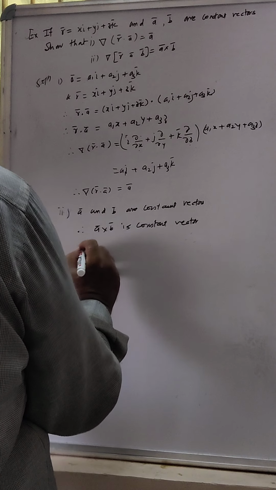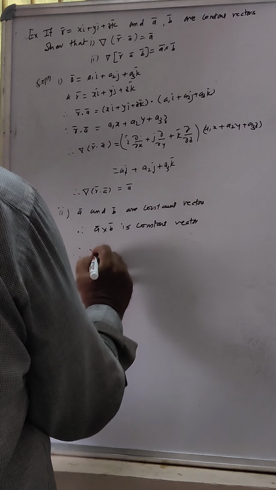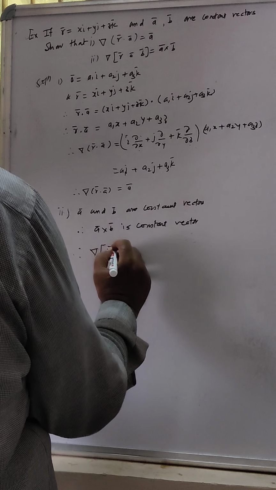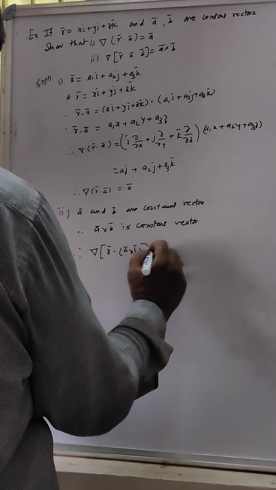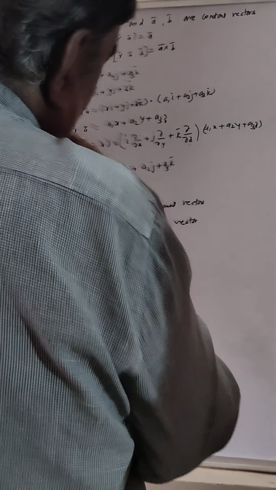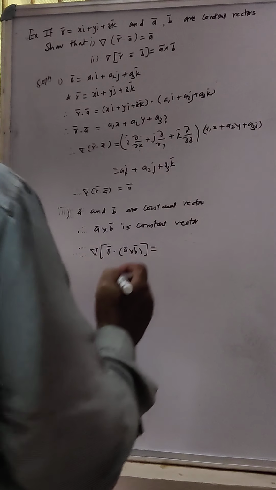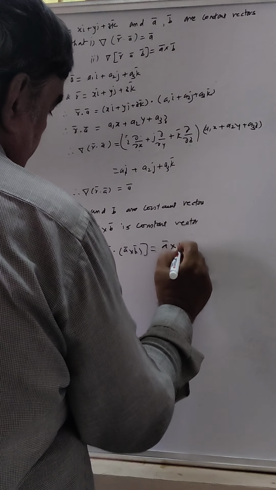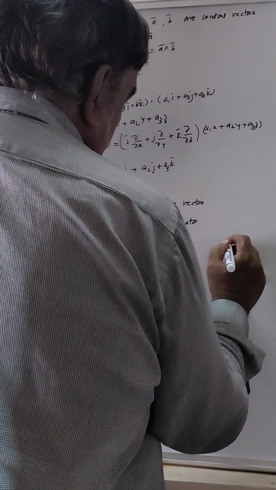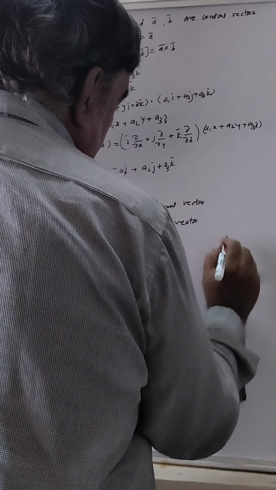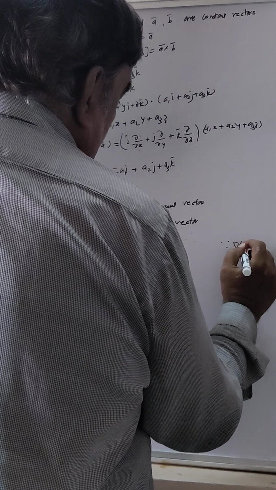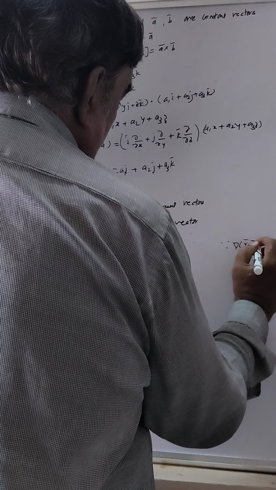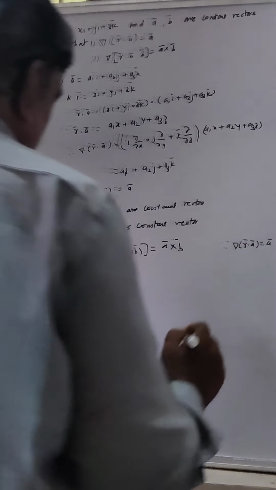Therefore, del of r vector dot a vector cross b vector is equal to a vector cross b vector, since by the first result del of r vector dot a constant vector is equal to the constant vector.